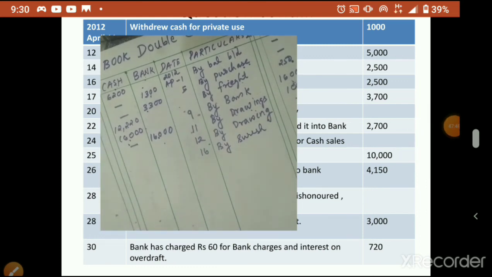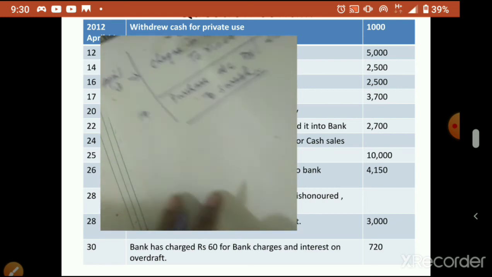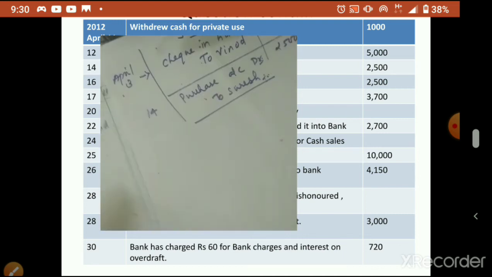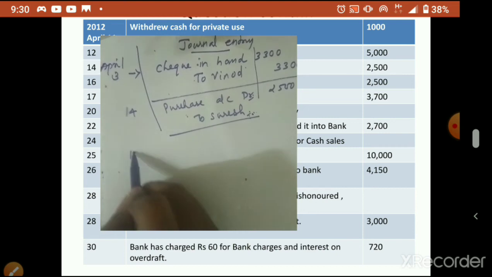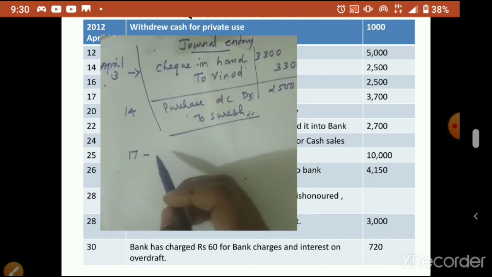Okay. Now received check from Ajay. 17. But next day also you read. Check received from Ajay endorsed to Vijay. So on 17, what happened? We are receiving a check from Ajay.